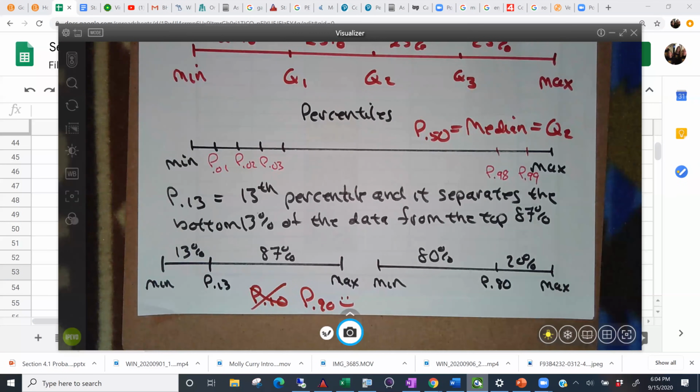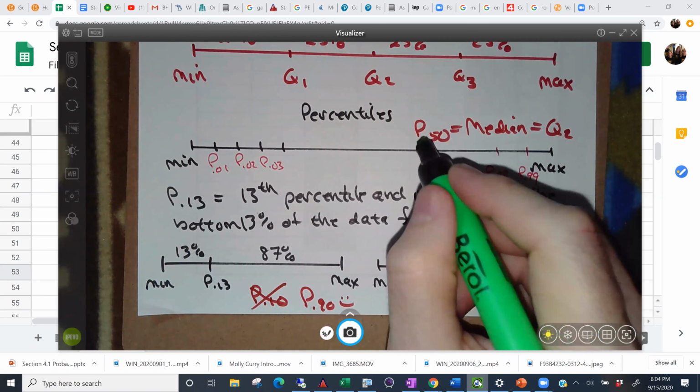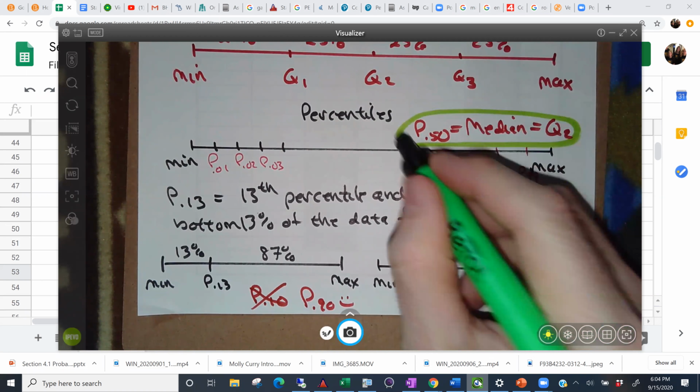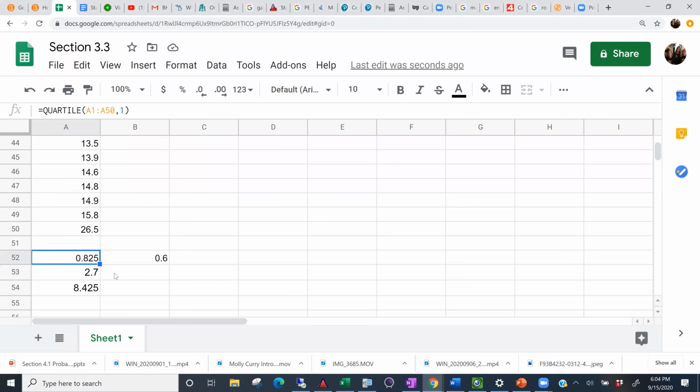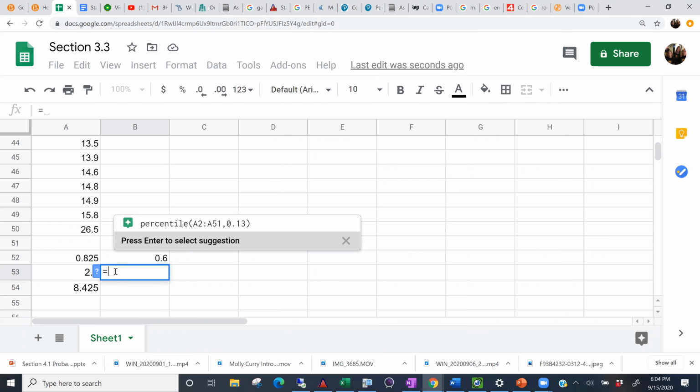Well done. So there's really three different ways you could calculate the median off of Google Sheets here. You could type in the command for median, Q2, or P50. Let's just double check that the command for percentile matches what I got here for Q2.